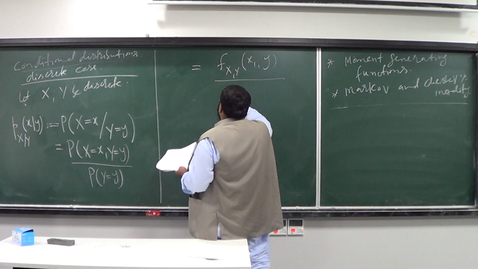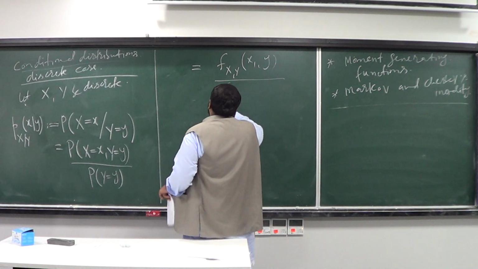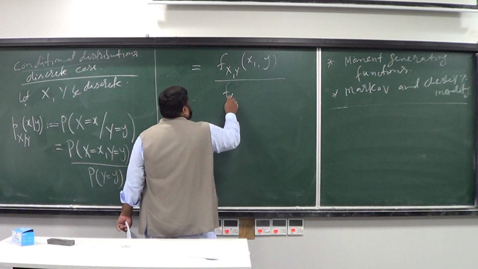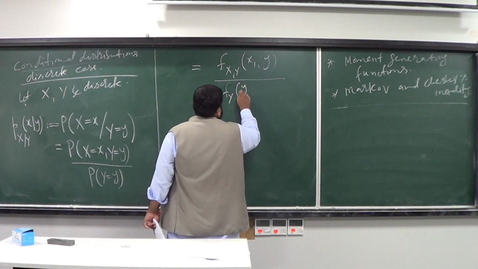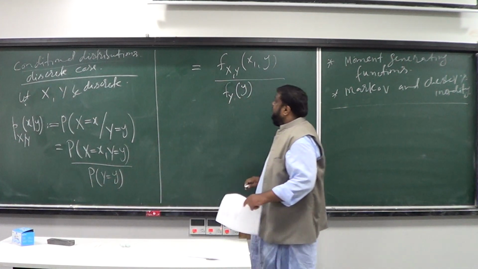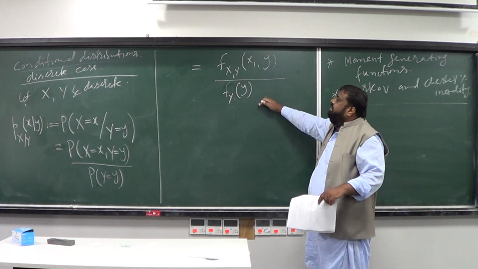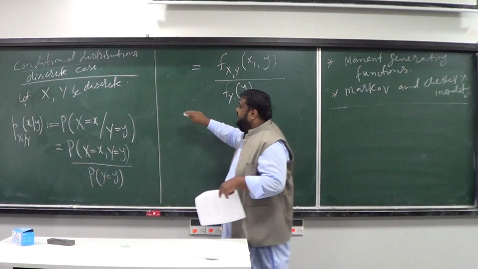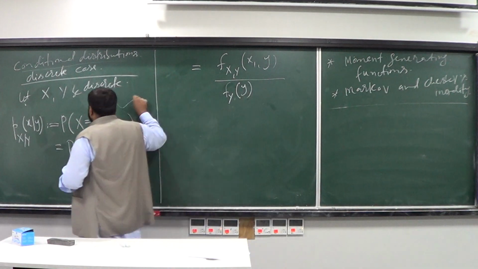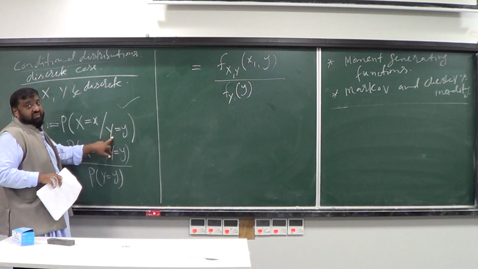I can keep it as it is. This is really the value of the marginal PDF evaluated at y. So the joint PDF of X and Y divided by the marginal PDF evaluated at y is the meaning of the conditional probability when X is x given Y is y.